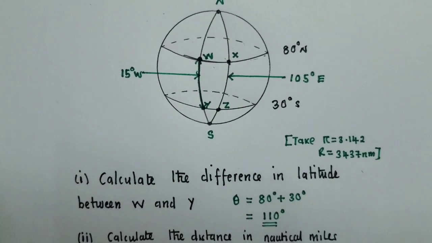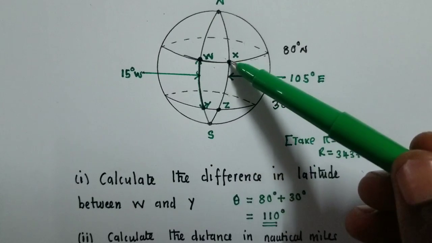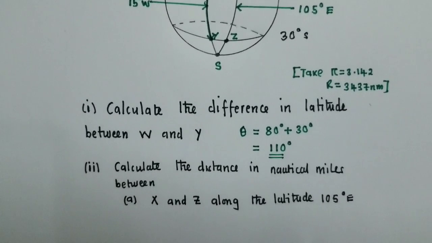Let me write the formula. Whenever you see that the distance that you are finding is along the longitude, we use the formula which looks like this.